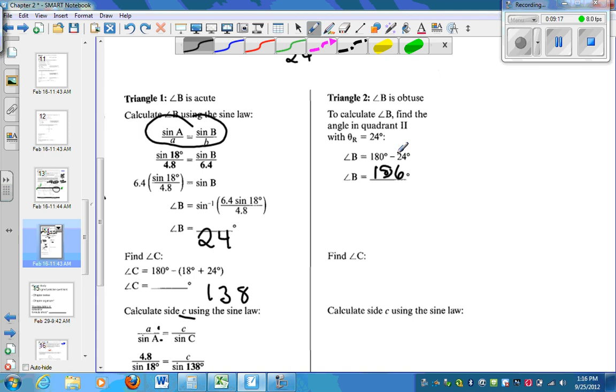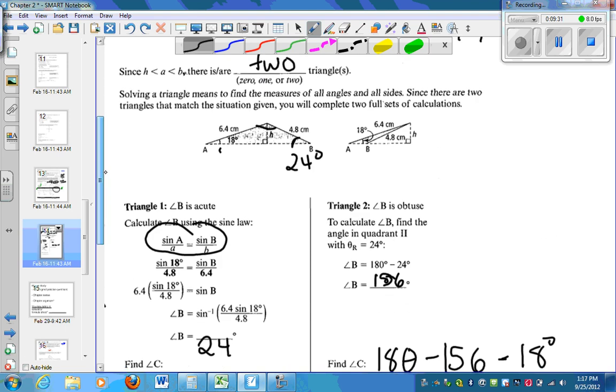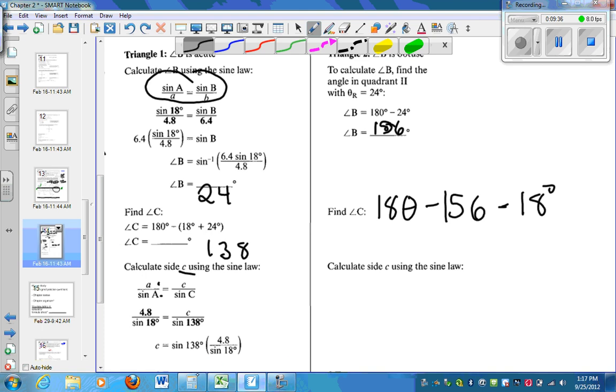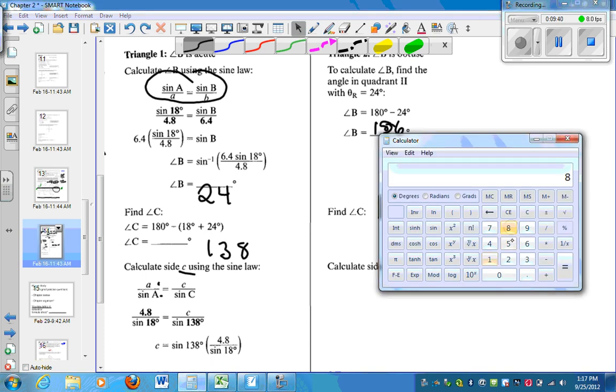Now to find angle C, we go 180 minus 156 minus 18, because we already had those first 18 degrees right there. I'm going to take out my calculator: 180 minus 156 minus 18.